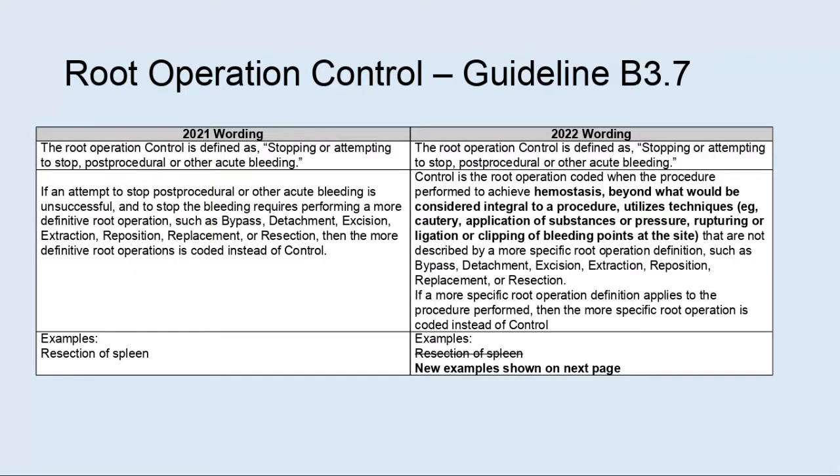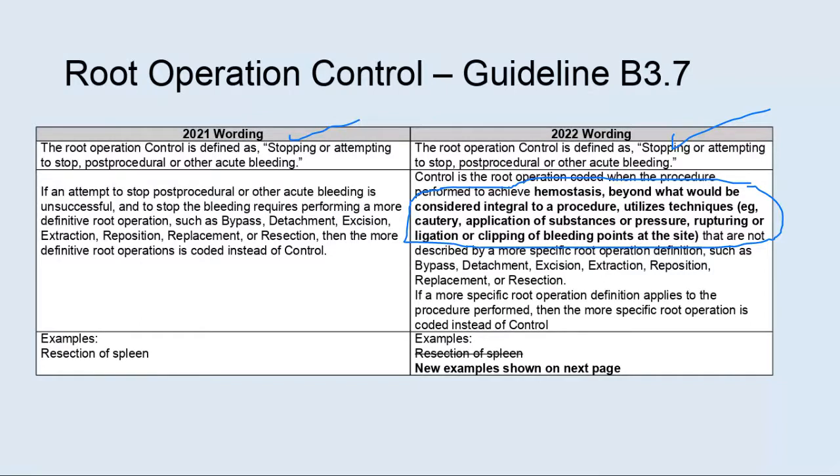So first, let's look at the guideline changes. Root operation control had changes to it. So here you have the 2021 wording, here you have the 2022 wording. You see here in bold the differences. So it gives an example of what you mean by controlling bleeding. It's to achieve hemostasis beyond what would be considered integral to a procedure.